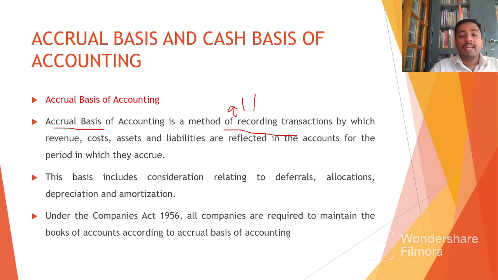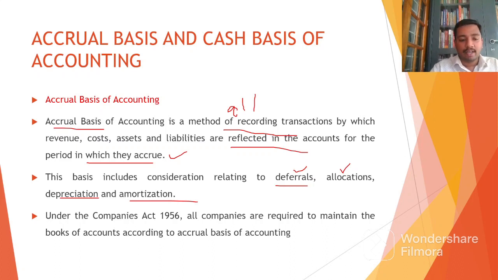It will be reflected in the books of account as and when they accrue in the business. So the legal liability is created, but the amount will be paid only in a future period. So it is related to deferrals, allocations, depreciation, and amortization. All these transactions will be recorded as a result of the accrual basis of recording.